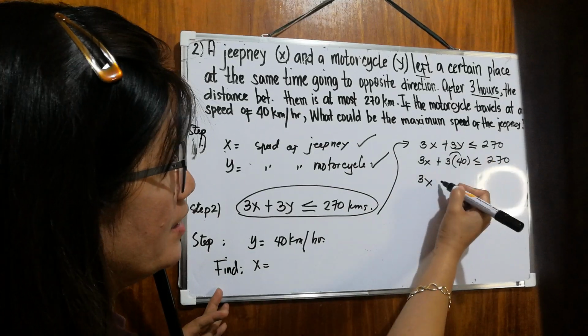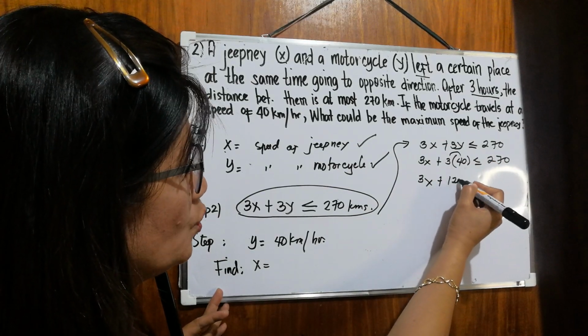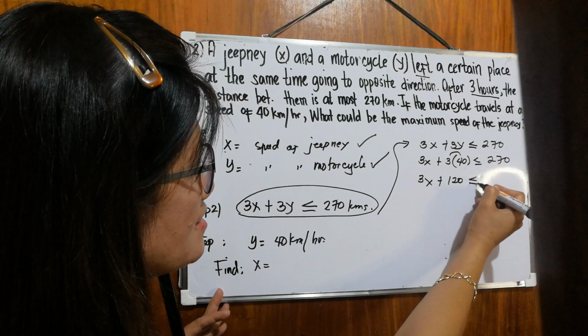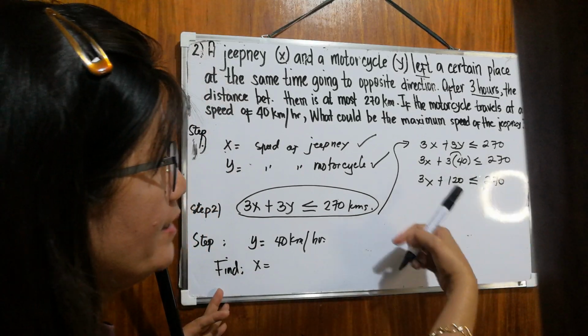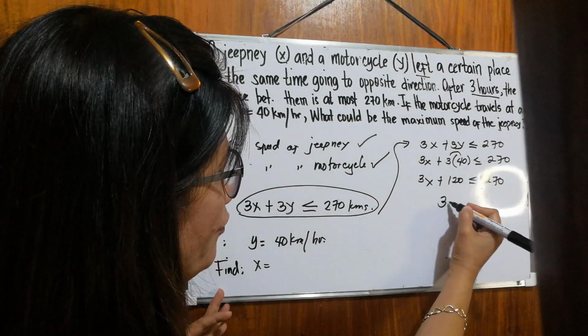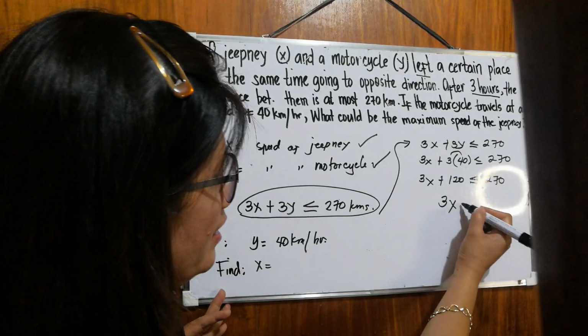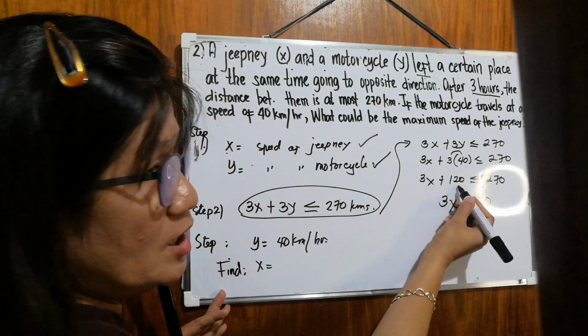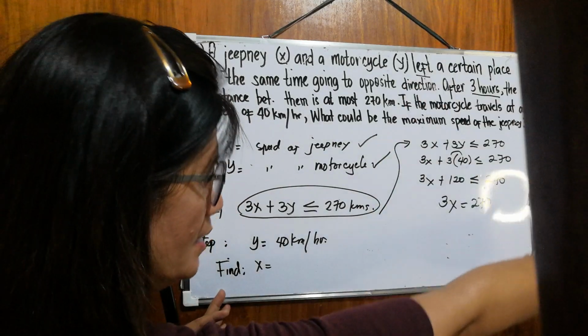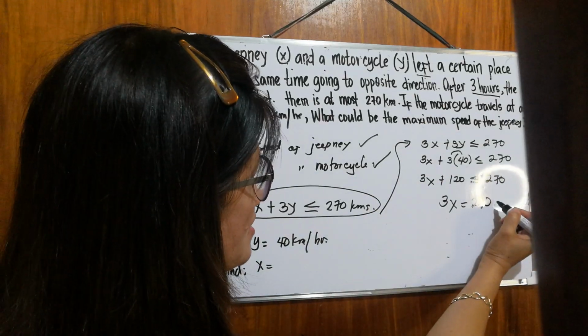You multiply this, that is 120 is less than or equal to 270. To find x, you're going to bring down 3x, and then you bring down 270. This positive 120 will be transposed to the other side.